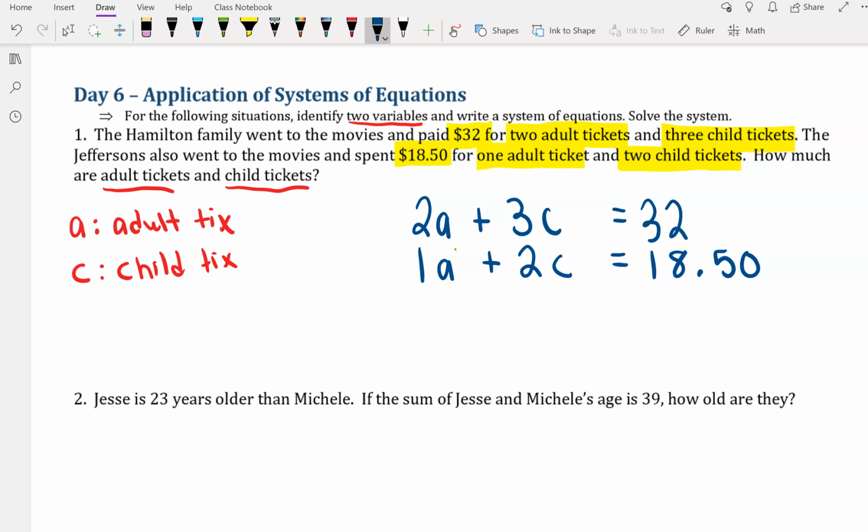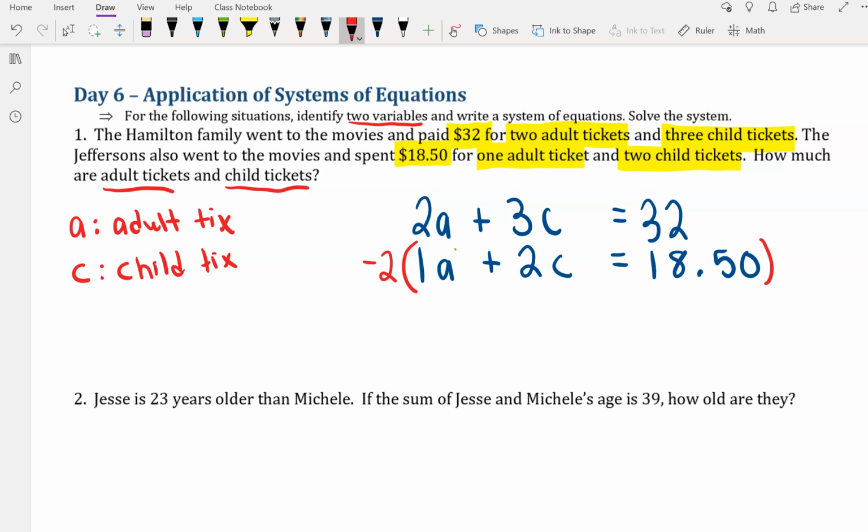The first thing I need to do is get opposite coefficients in front of either the A's or the C's. What I think I'm going to do is get the A's to be opposite. I'm going to multiply this one by -2. That way, it will cancel out with the positive 2A in the first equation. When I multiply this, I multiply everything in that equation.